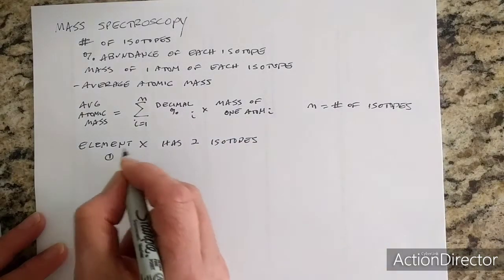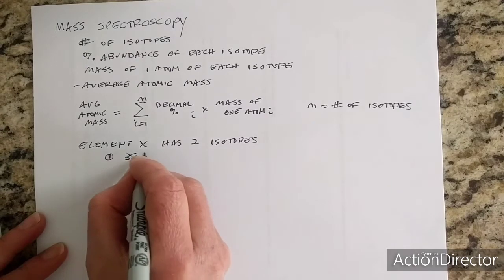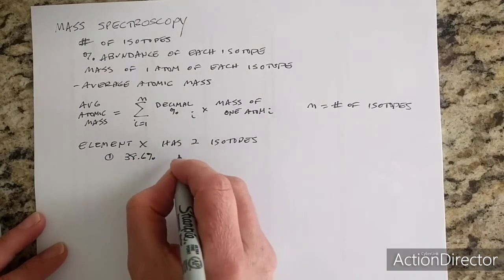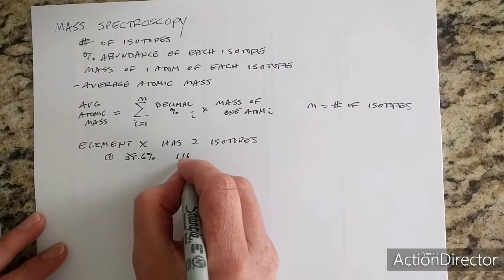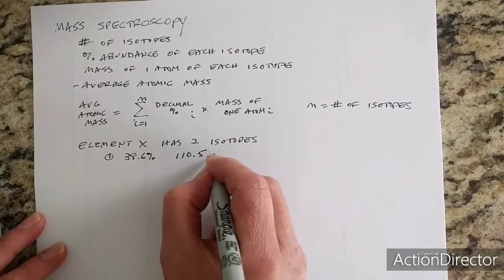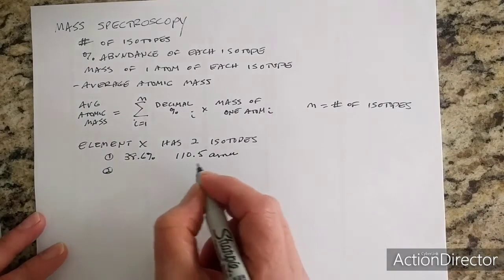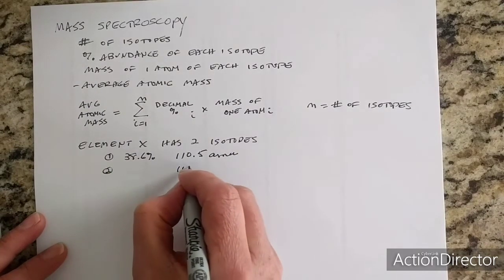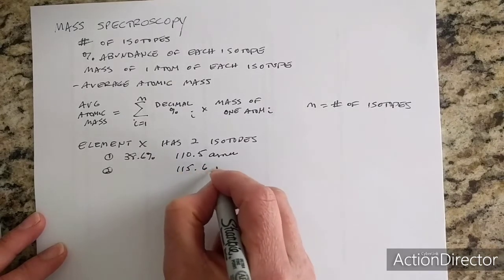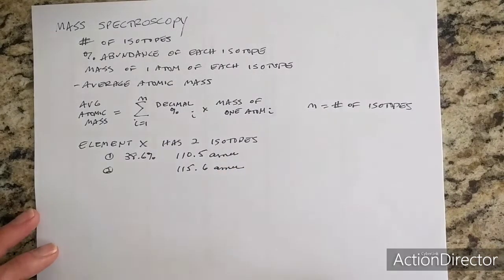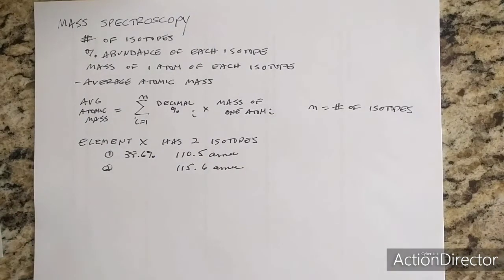Isotope 1 is 38.6% abundant and has a mass of 110.5 atomic mass units. Our second isotope has an atomic mass of 115.6 atomic mass units. All right, so I encourage you to pause the video and do the problem on your own, see how well you do, and then when you're finished, come back and check on your answer.